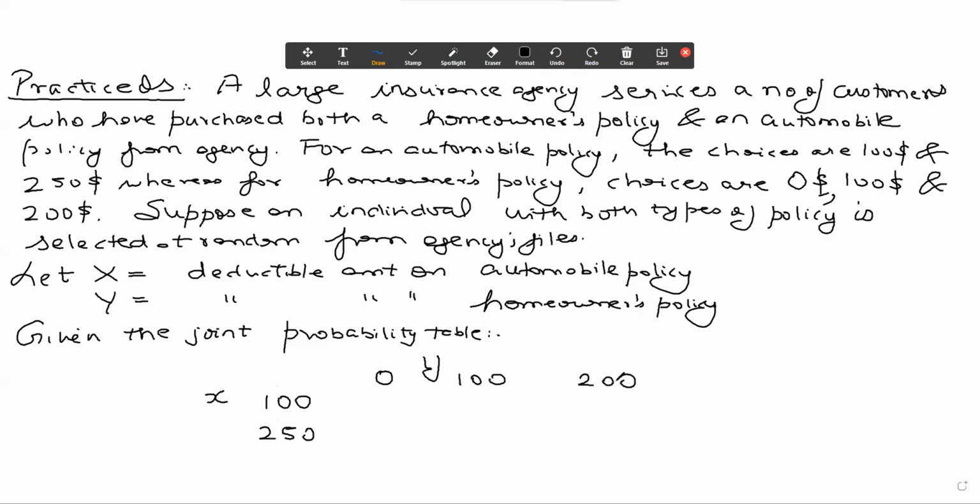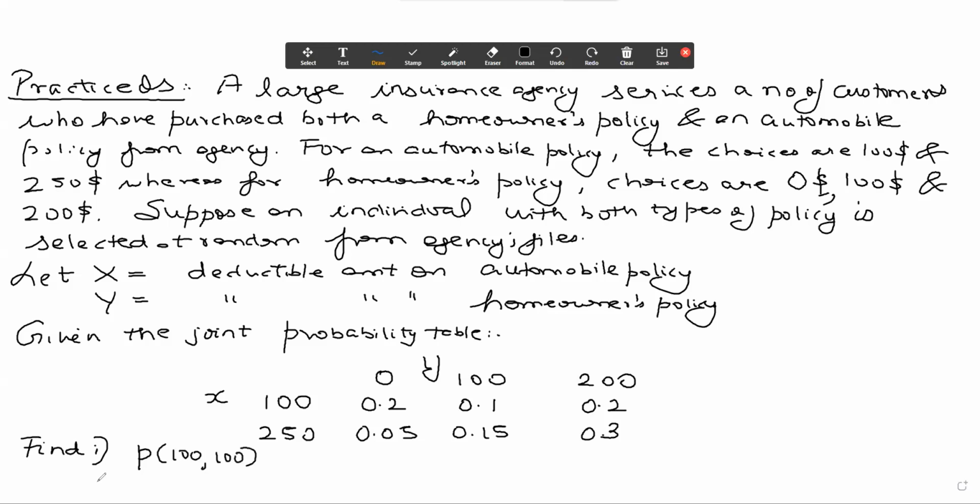And the probabilities are given as 0.2, 0.1, 0.2, 0.05, 0.15 and 0.3. The question asks us to find the probability of 100, 100, and the probability of Y greater than or equal to 100.